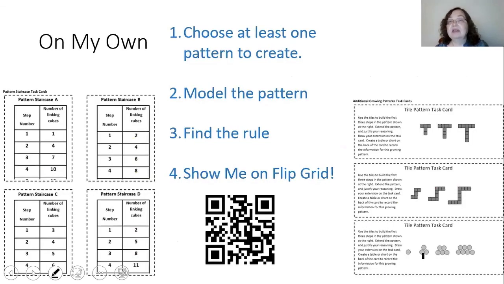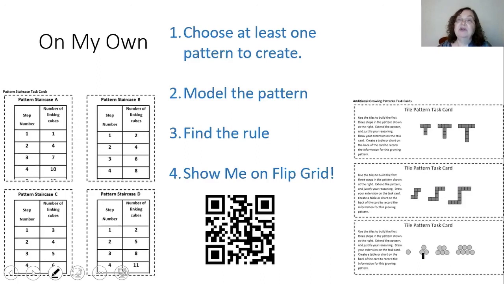So now it's time for you to work on your own. You can see in your practice set that there are 7 different things that you can choose from. Choose at least one of those patterns to create. I want you to model the pattern on graph paper or using your blocks.